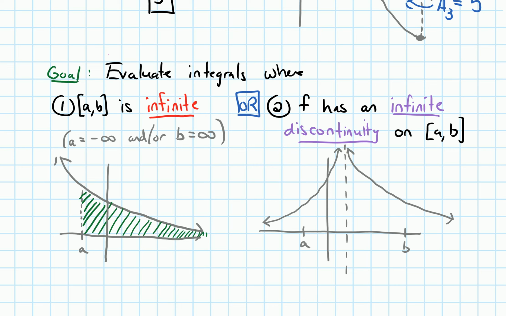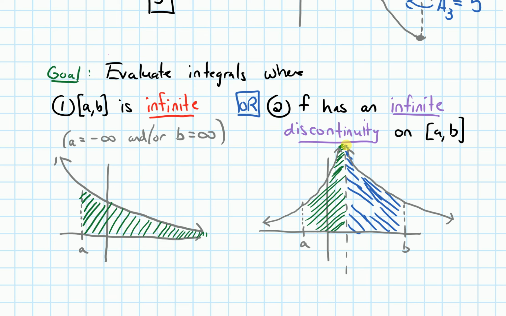If I wanted to evaluate it on this interval from a to b, let me draw dashed lines where a is and where b is. We would be finding the area of this part, and then we also have to add it to the area that occurs on the other side of that vertical asymptote all the way until b.